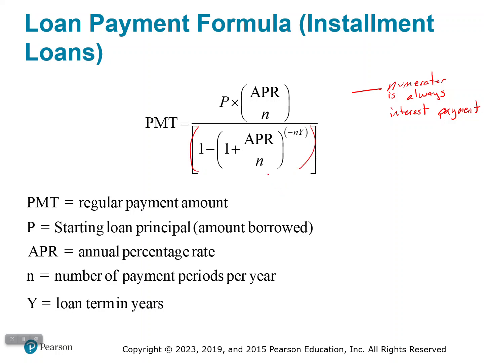I assume that everybody's calculator is on their computer now, maybe on your phone. You're still just going to use the round parentheses. 1 minus parentheses 1 plus APR over N, close parentheses, to the power of negative N times the number of years. Remember, you can enter this entire formula on any scientific calculator at once, and it'll just pop out the answer. You don't have to worry about the intermediate steps.